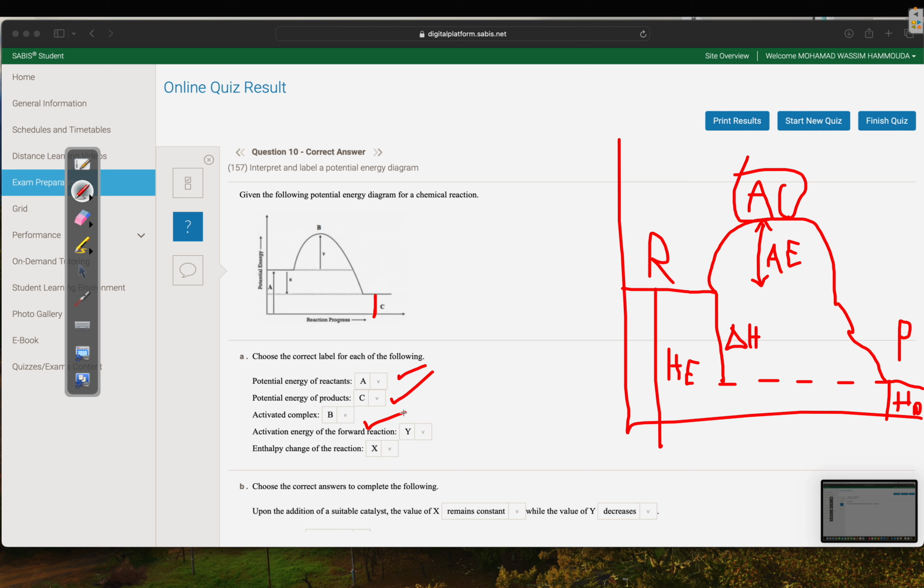The activation energy of the forward reaction will be Y. I don't think they'll ask for anything related to the activation energy of the backward reaction, at least that I know of. But I'll just make sure and let you guys know. Enthalpy change of the reaction, as we said, is the change between reactant and product.